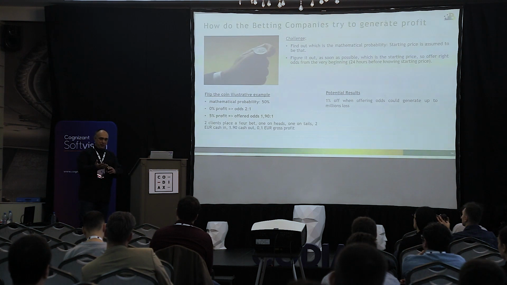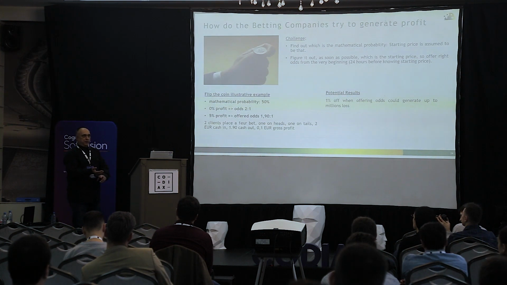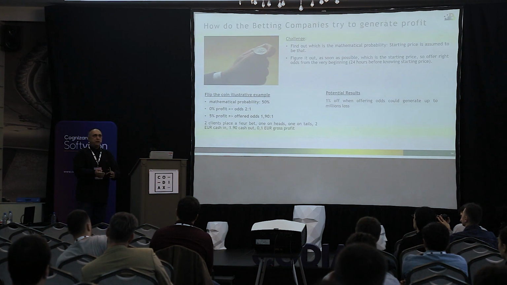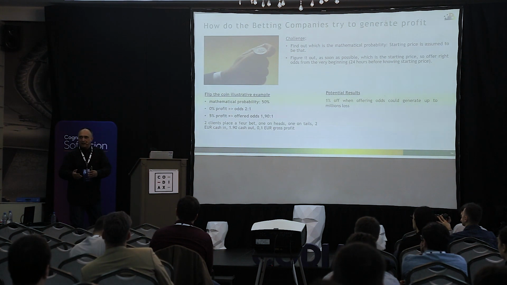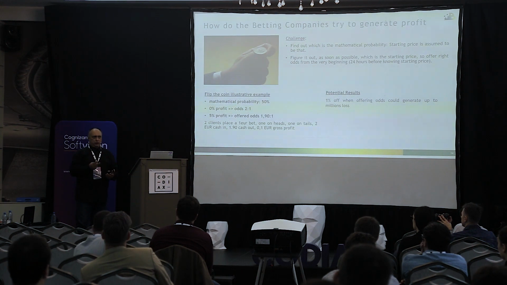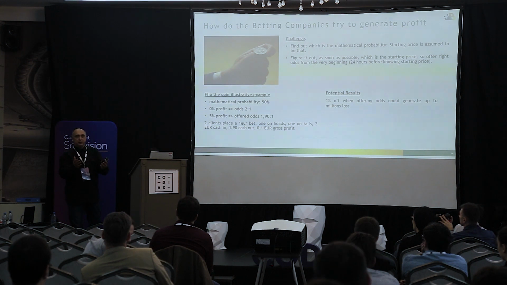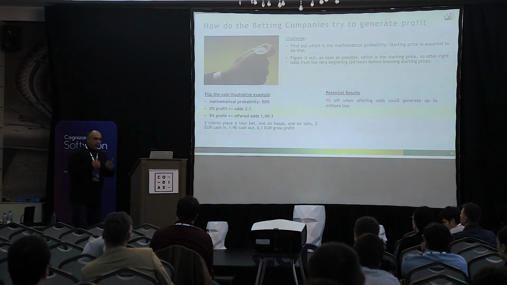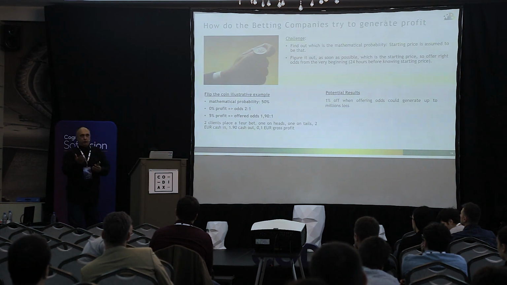That means that if a client gives us €1 and bets on tail, and another client gives us €1 and bets on head, we get €2. And we offer 2-to-1. That means that whatever happens with that coin, head or tail, we get €2 and pay €2, which means the profit is 0.